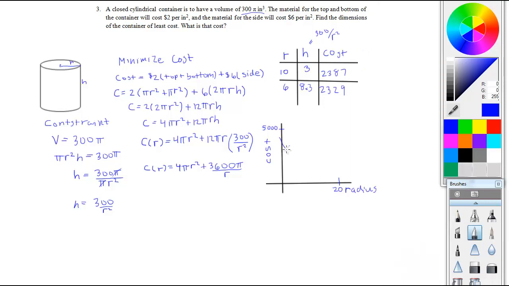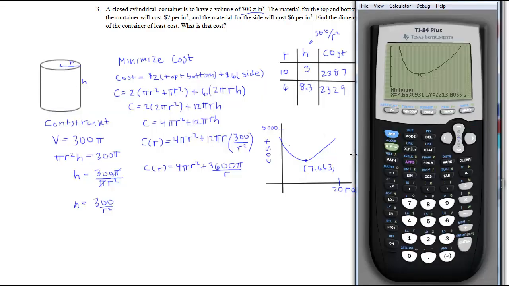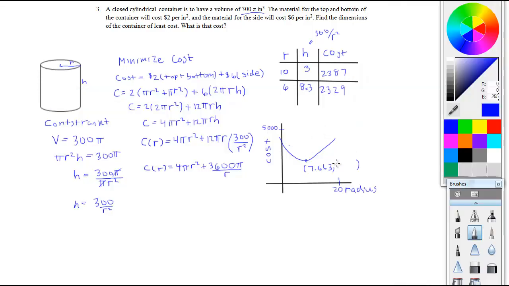So I'm going to draw this in here about like this, and I know that this minimum is 7.663, and the cost was 2,213.805.